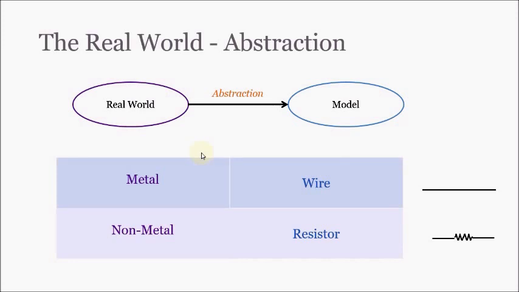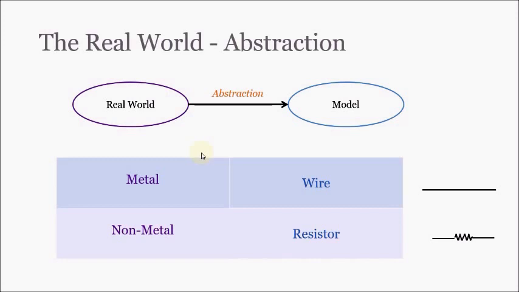We provide two examples to understand this. Consider a metal. A metal is a very good conductor. So in the abstract model, we represent a metallic object by a wire, denoted by a straight line. What our model denotes is that whatever current passes through a metallic object is non-dissipated, or you get complete conduction within that wire.